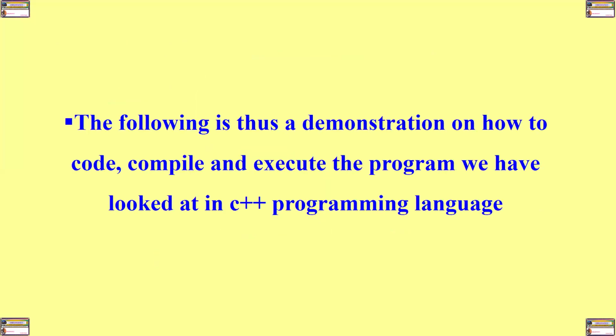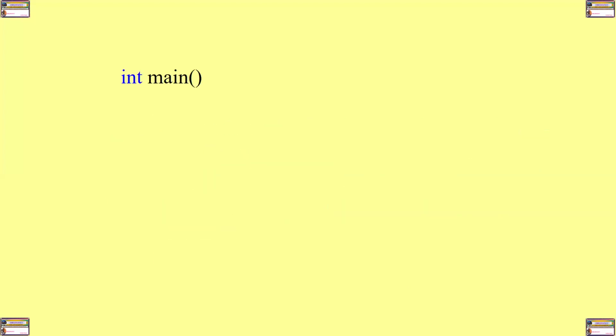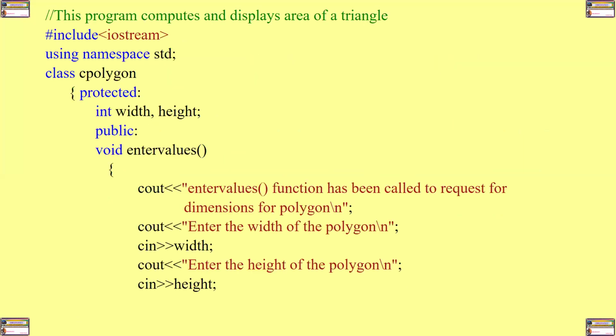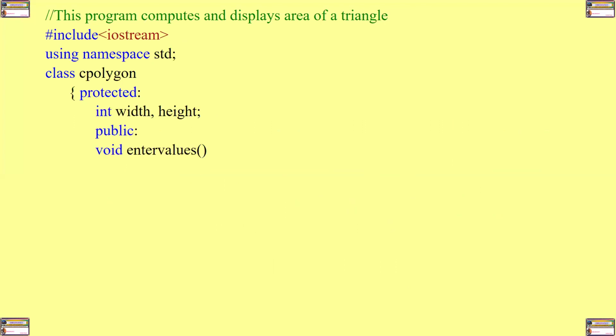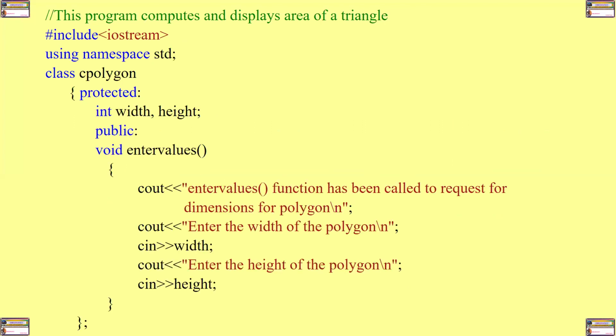So, my dear students, the following is a demonstration on how to code, compile, and execute this program in the C++ programming language. Just as I've always told you, I expect you to copy this program in your exercise book or in your word processor.